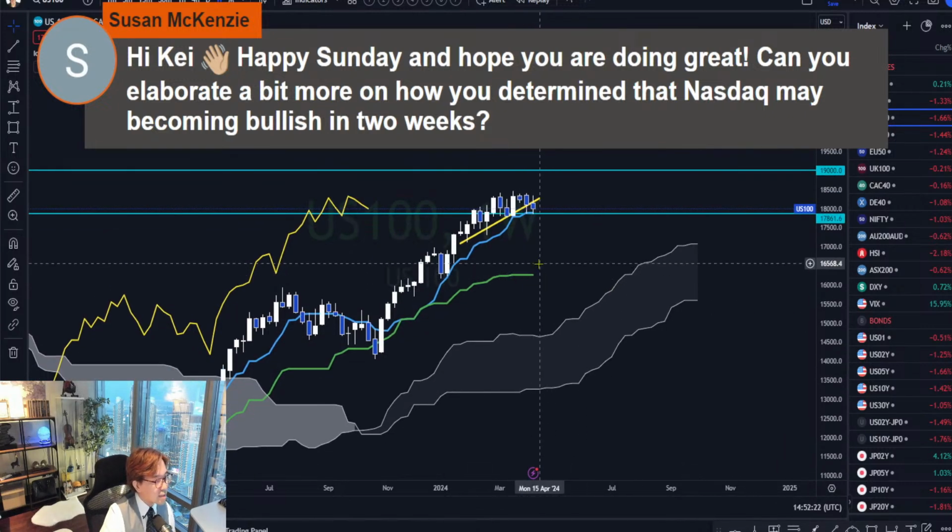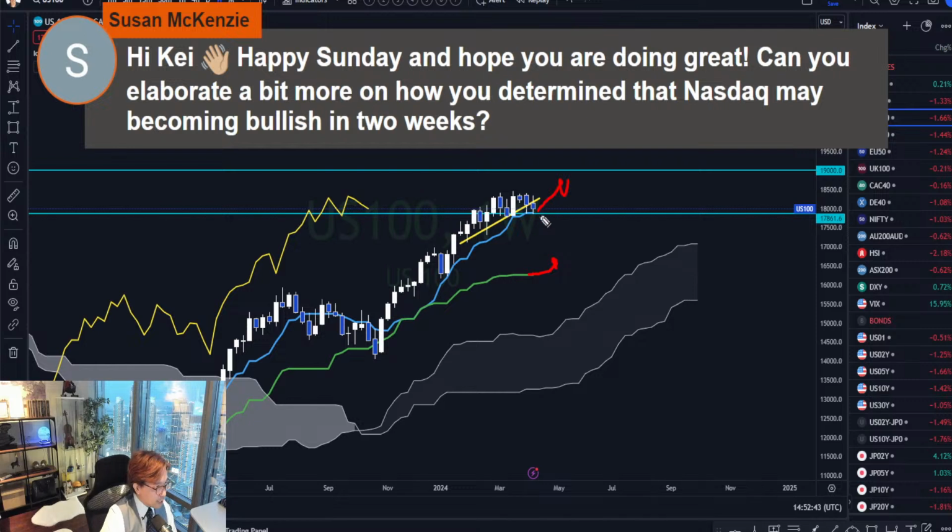Kijun-sen determines the trend, so to speak. So when Kijun-sen is flat, if the price breaks Tenkan-sen, it tends to retrace, right? But if the Kijun-sen is up, that means there's still a good chance that the market is continuously bullish.